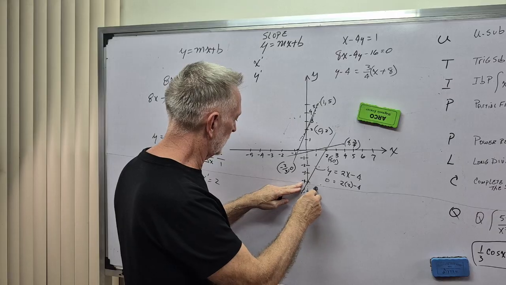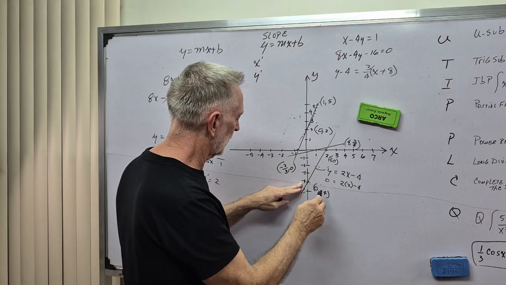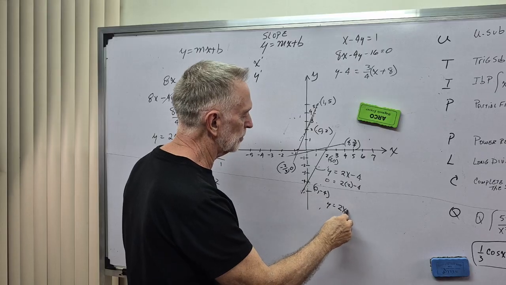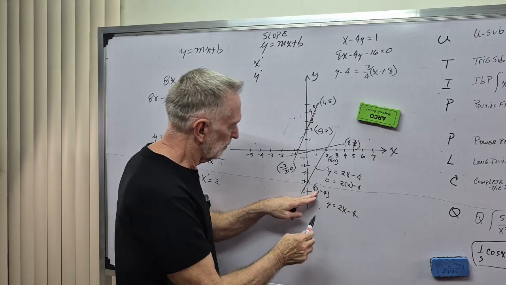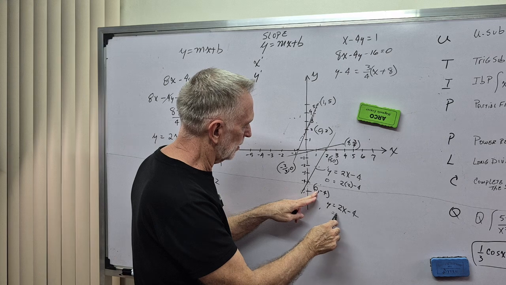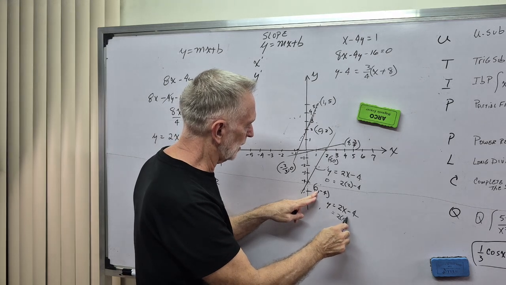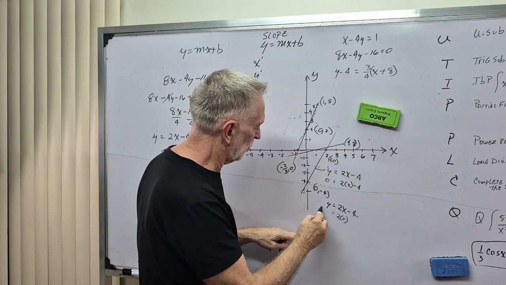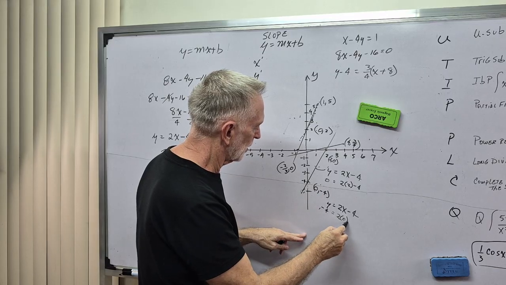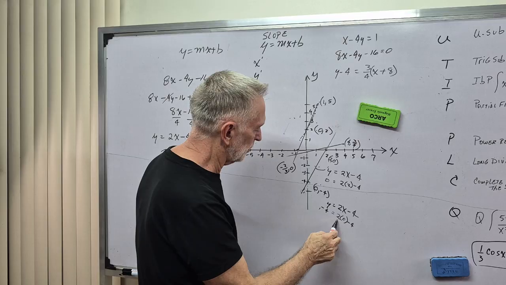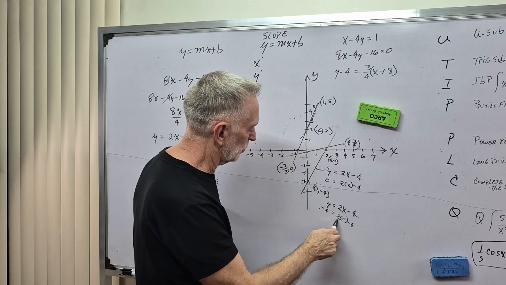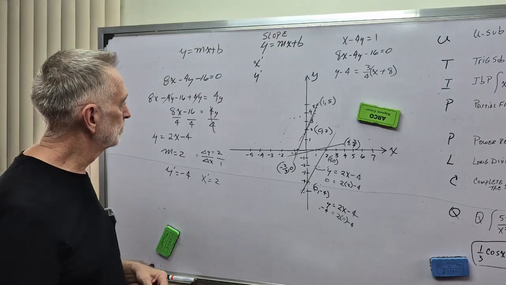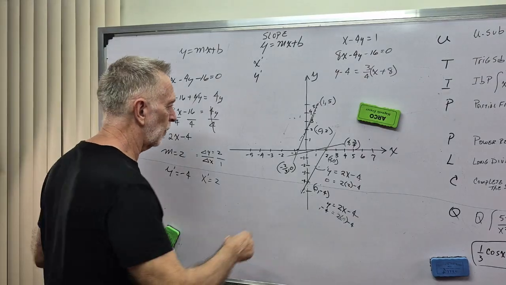This point is (0, negative 4). So y equals 2x minus 4. I put in the point x is 0, so 2 times 0, and y is negative 4. 2 times 0 is 0, so that goes away, so negative 4 equals negative 4. So that works out. One more.